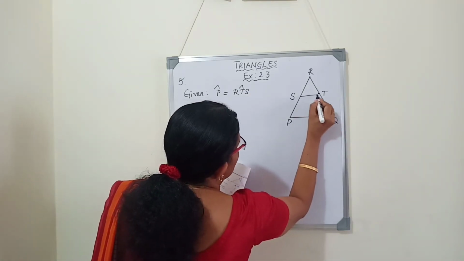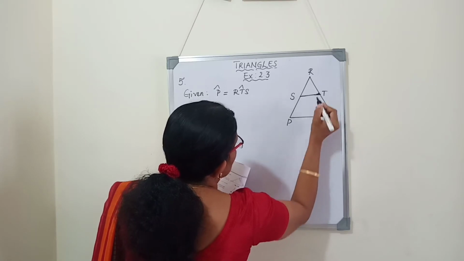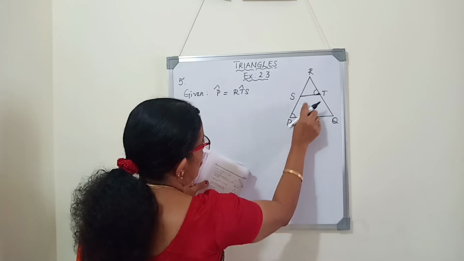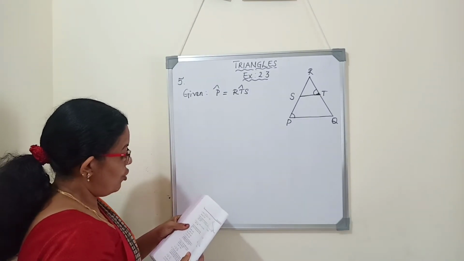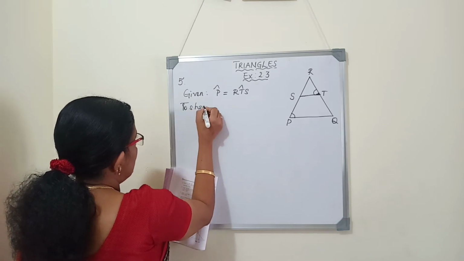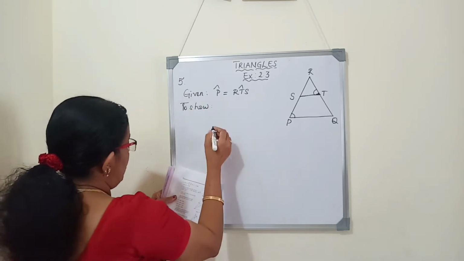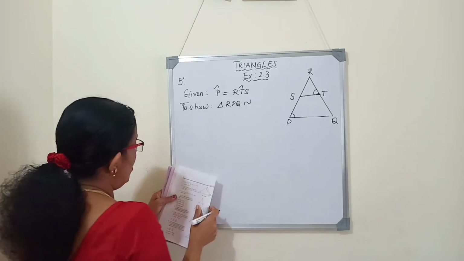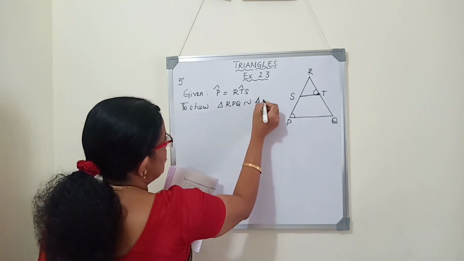So we have to join this. Angle P is equal to angle RTS. So already marked here. And now show that triangle RPQ is similar to triangle RTS.